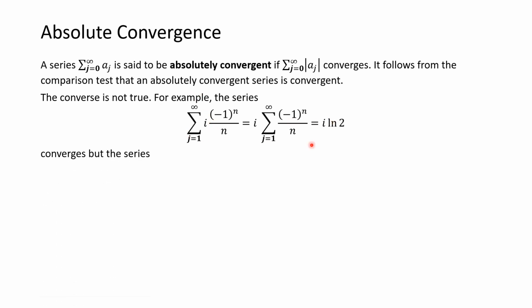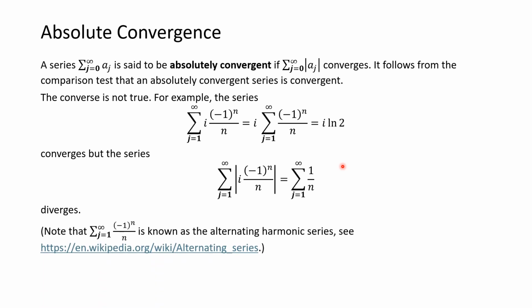So this complex series converges, but if you take the modulus of these terms, you just get the harmonic series, and we know that diverges, so we have our counterexample. And just as a reference, if you've forgotten the harmonic series and the alternating harmonic series, there's a Wikipedia page on that, and I put the link here. You can just look up the Wikipedia alternating series and you'll find some background information, but hopefully you remember this from calculus.